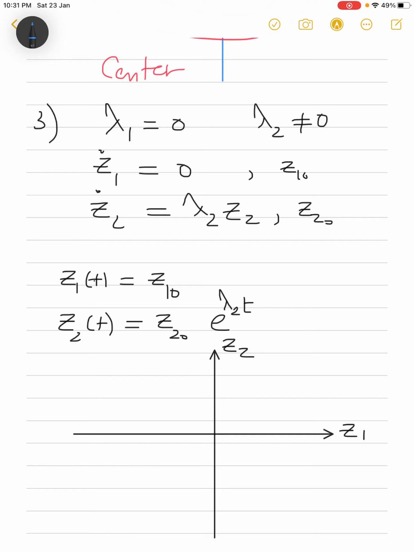So the trajectories will be vertical lines. For example, if I assume lambda 2 to be negative, then z2 will go to 0.